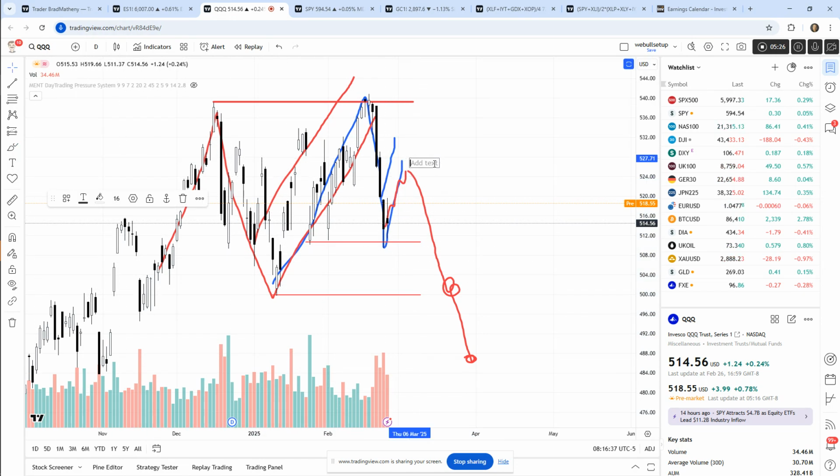I'm going to mark it here. March, let's call it 5th through 10th, roughly, that we should be pushing near this top. Somewhere around this area, pushing near the top. I would expect about a 30 to 50% retracement of this range. So you can just as easily come down here.